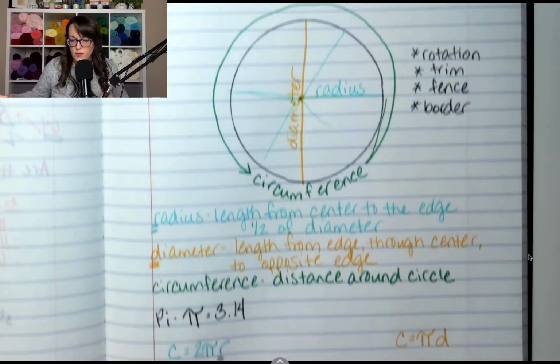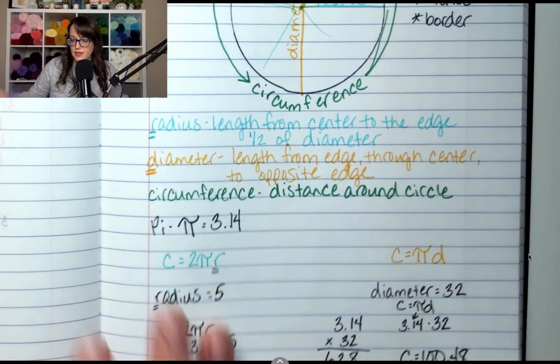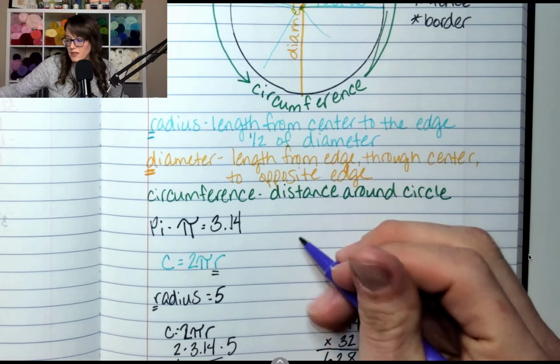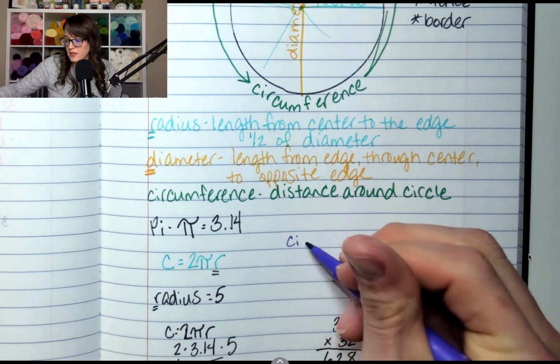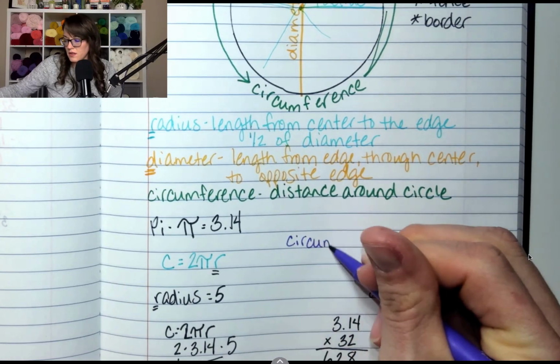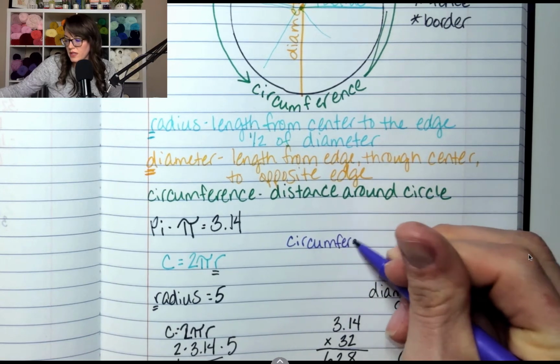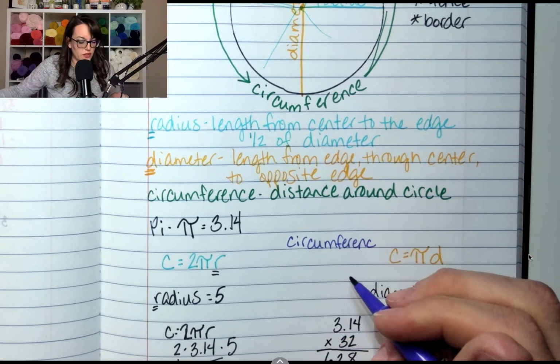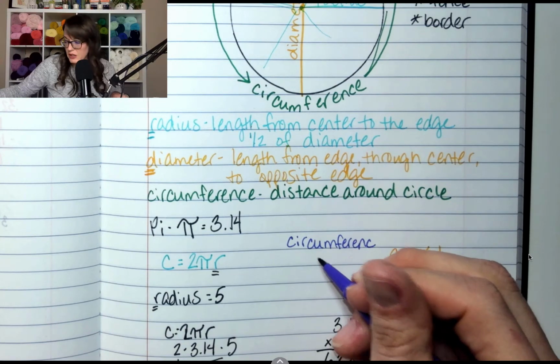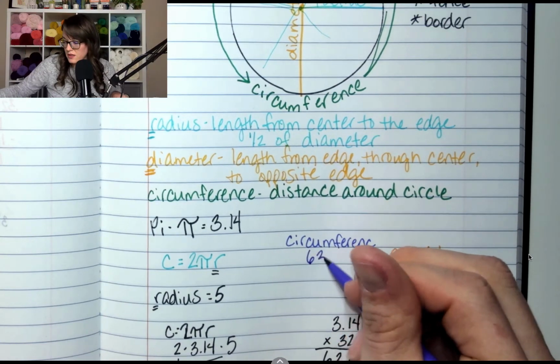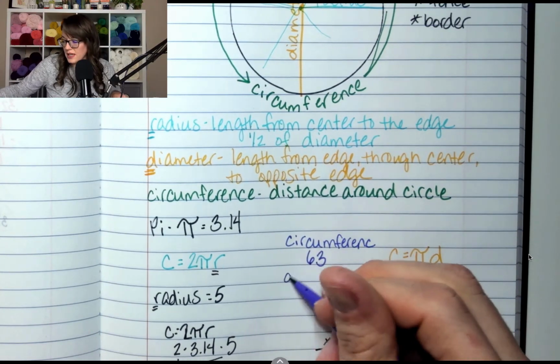Let's squeeze in one more example that's a little bit different. What if I told you the circumference was 63 and I wanted the diameter?